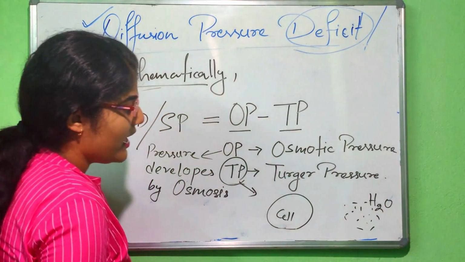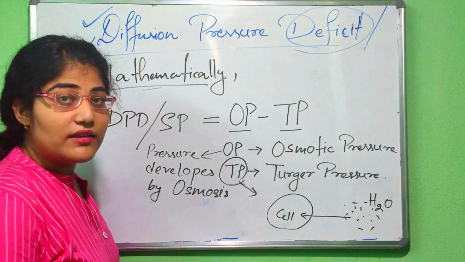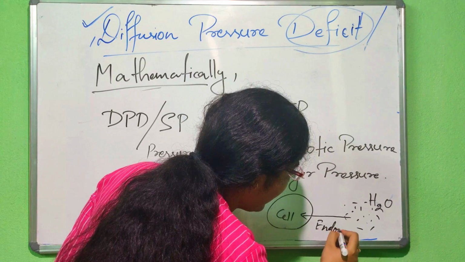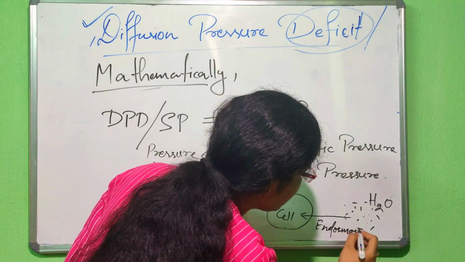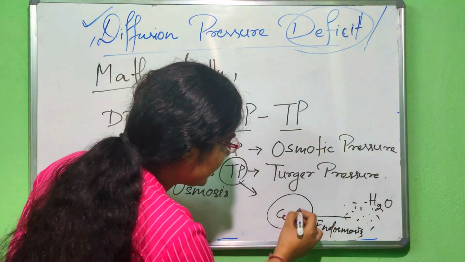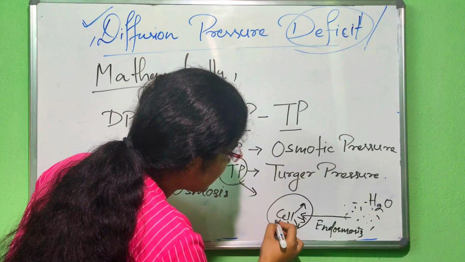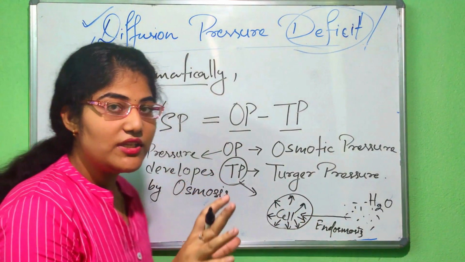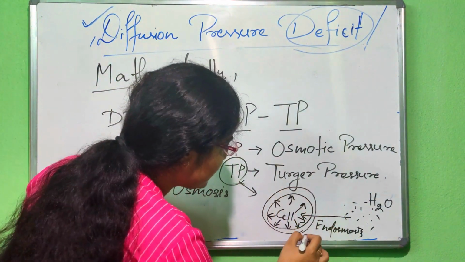When the water molecules enter into the cell by the process of endosmosis, then what happens? It creates some pressure. As the water enters into the cell, after some time it creates pressure inside the cell. Due to the pressure, the cell increases in size.